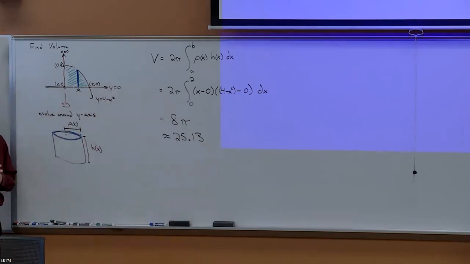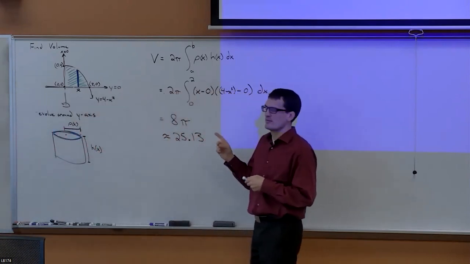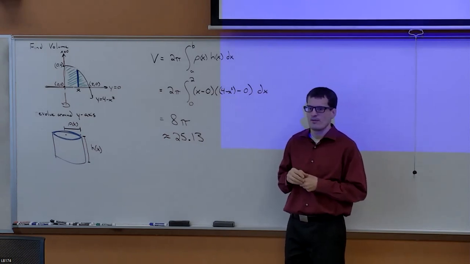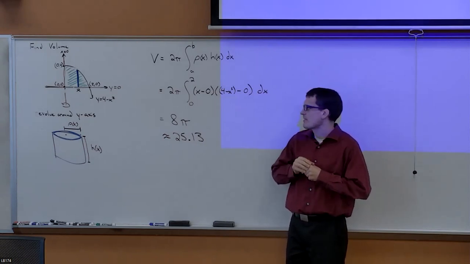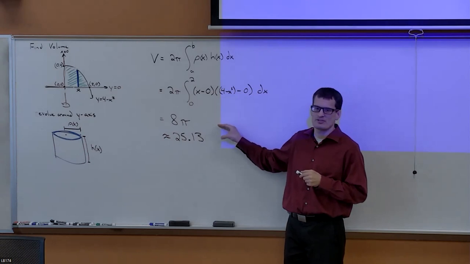Now, if you go back to our 7.2 material, this was actually one of the problems in 7.2. And when we did this in 7.2, we got the exact same answer.